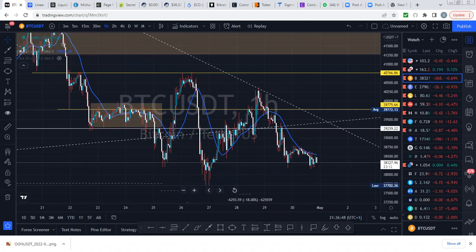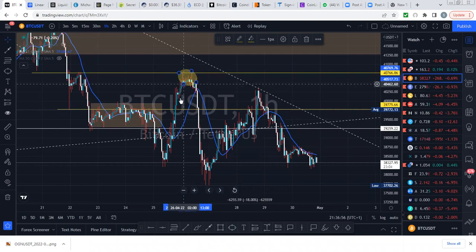Are you following? Likewise, this area. For me to sell, on seeing these rejections here, I will know that buyers are weak. Then I will make my entry here before the indicator will tell you that sellers are in.